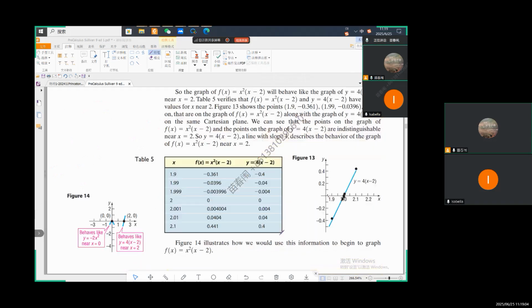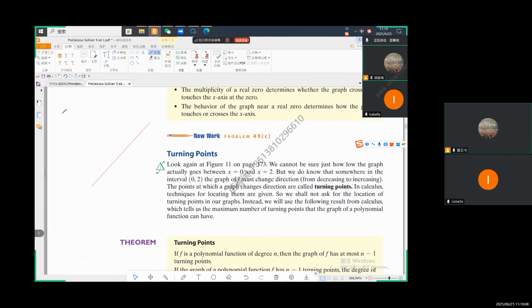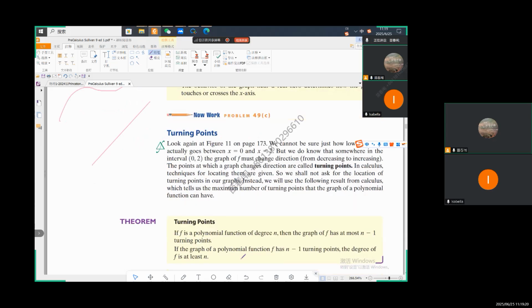So anyway, that's why, in human instinct, we know a straight line and a turning point is a kind of beautiful thing in nature for our eyes. And somehow there's unbelievable beautiful math in there. So turning points. Do you know this theorem? Turning points are when the graph changes direction.